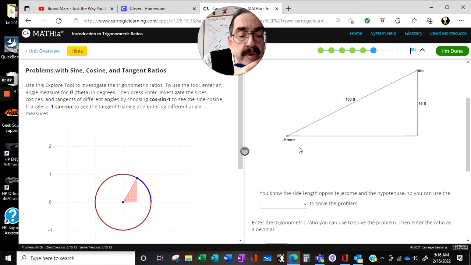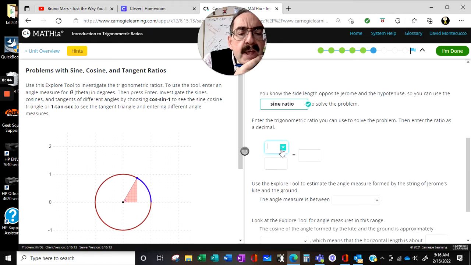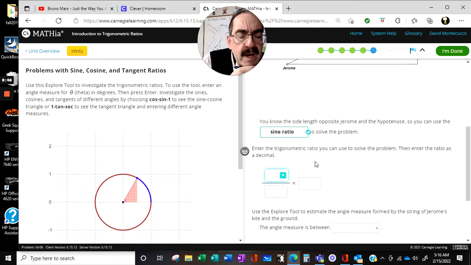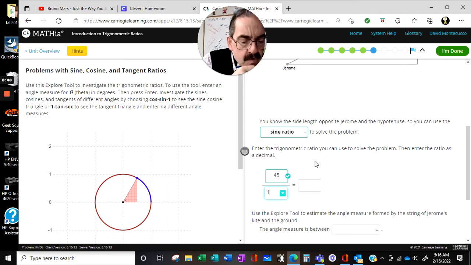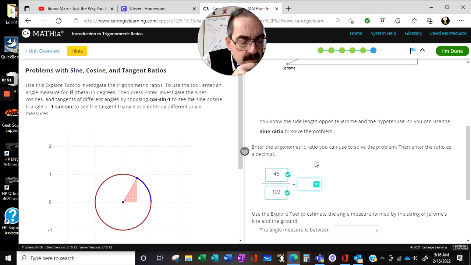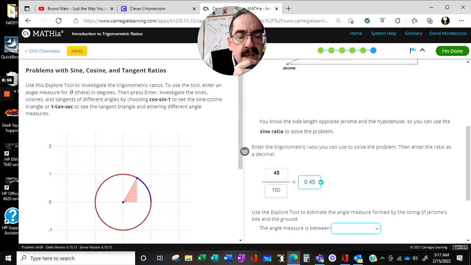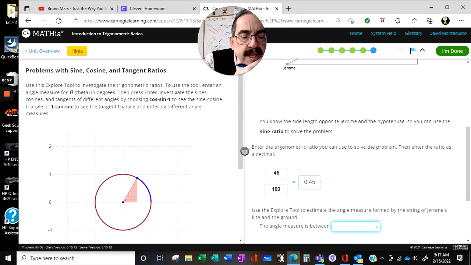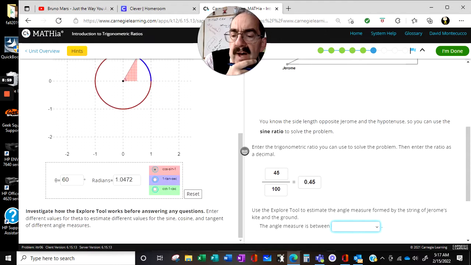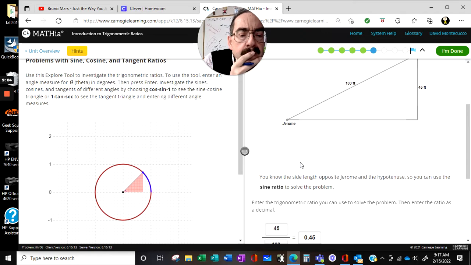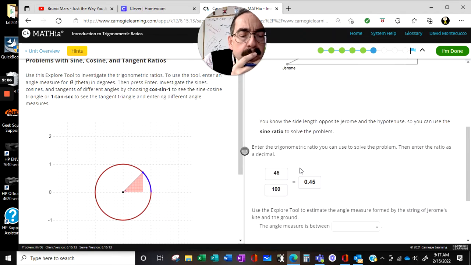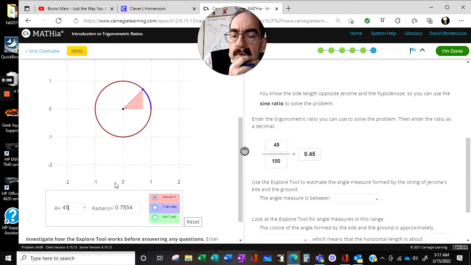You know the length of the hypotenuse, so you can use the sine function, and the sine function will be 45 over 100. Use the Explorer tool to estimate, 0.45.